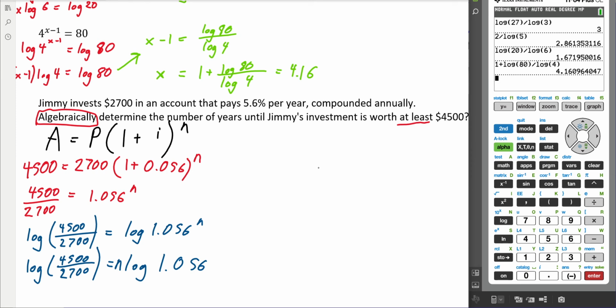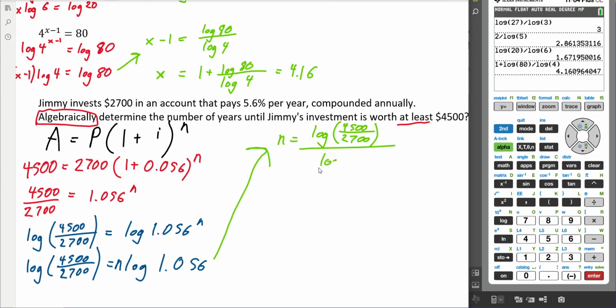And so now we're at the same point that we were at before in our regular questions. We're going to divide both sides by log 1.056. So we're going to start with log, and this is where I'm going to rewrite it all out. I was going to say I can simplify it, but let's just rewrite it all out.